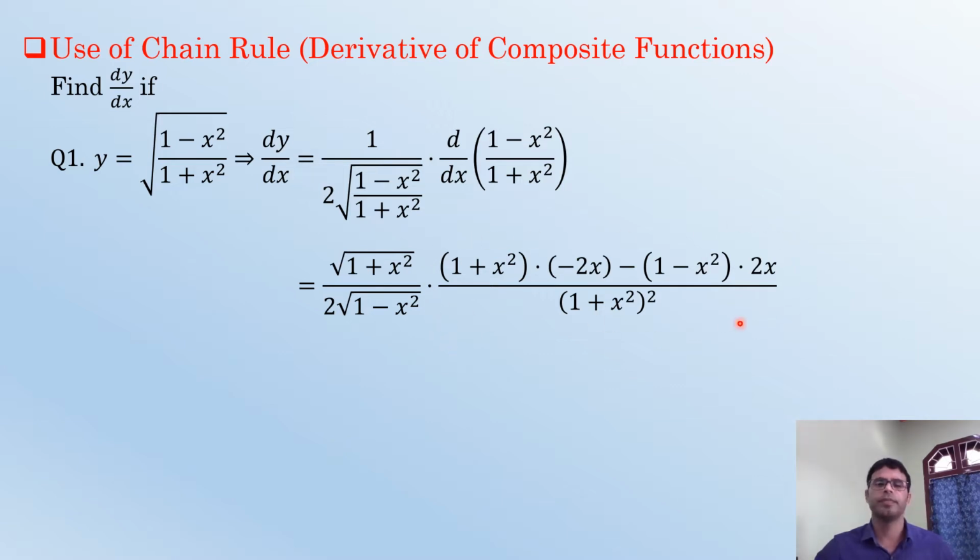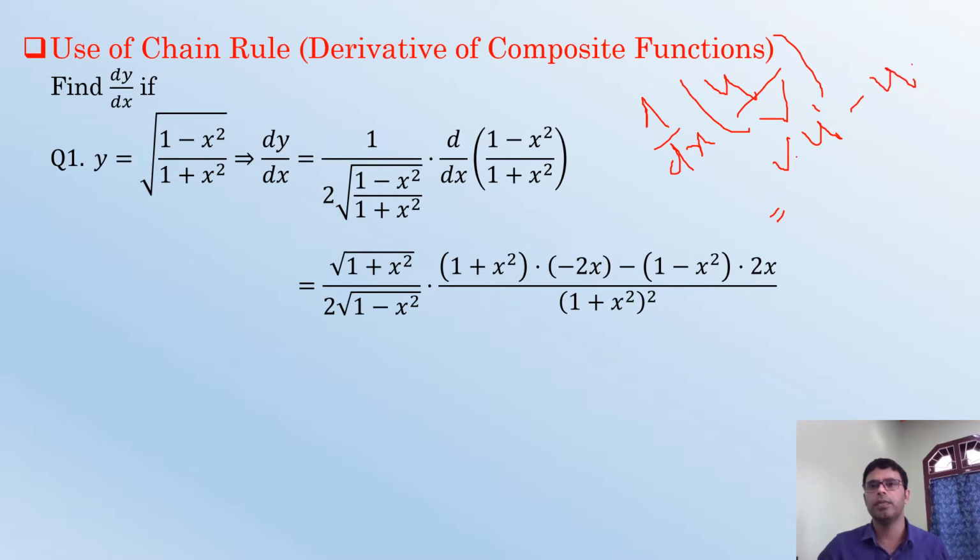So this is simply the use of the quotient rule, and you know the quotient rule. I am writing it here. The formula for d/dx of u by v is equal to v into u dash, then minus u into v dash, where v dash means the derivative of v, divided by the denominator v square.